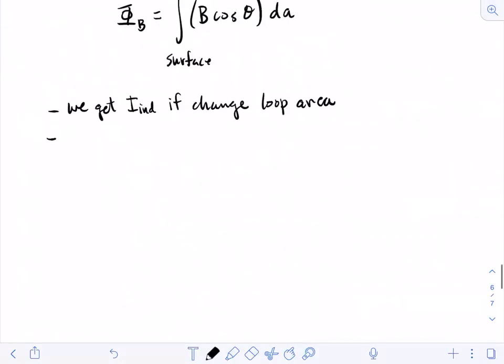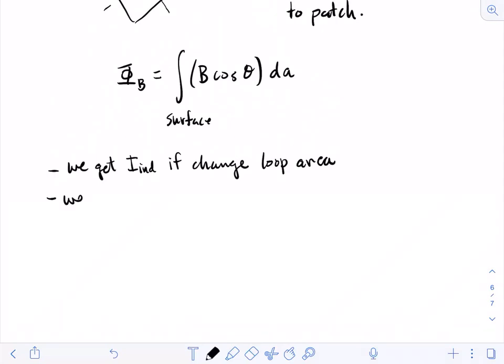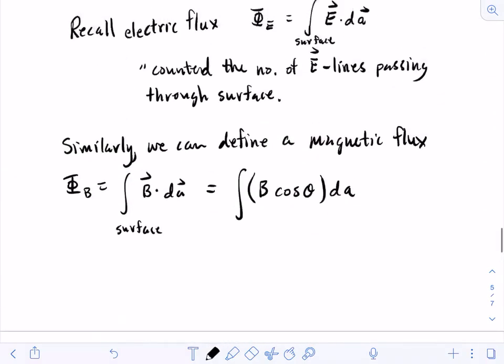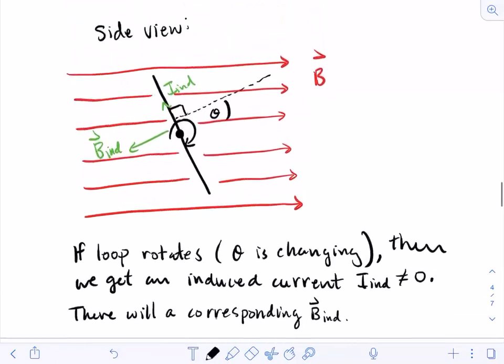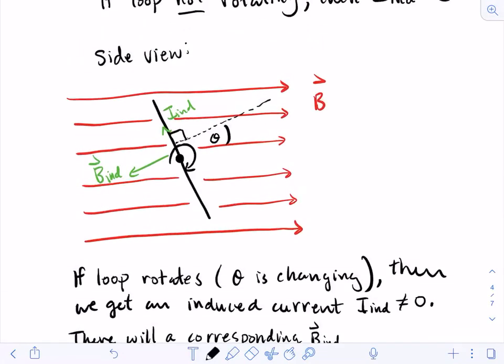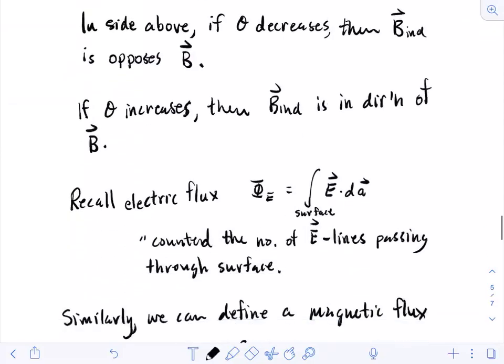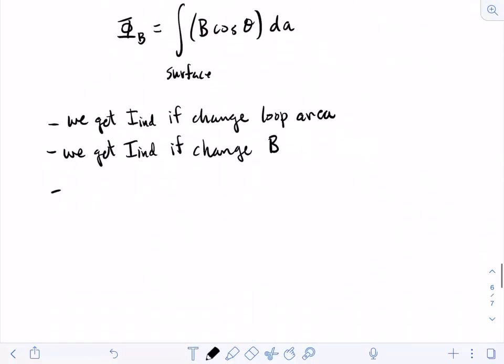And we saw that if we change the strength of the magnetic field, we get an I induced if we change B. In the third example, what we found is that if we change the angle between our loop and our magnetic field, we got an induced current. And so we get I induced if we change the angle theta.